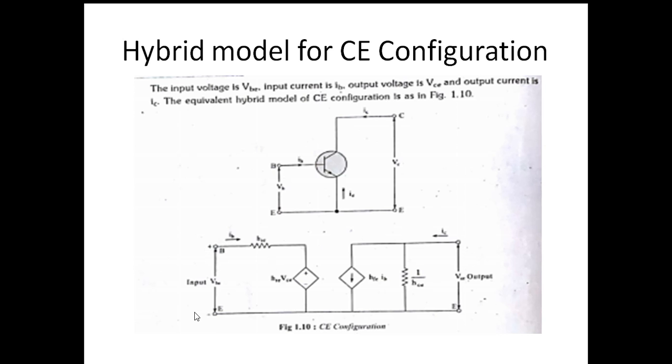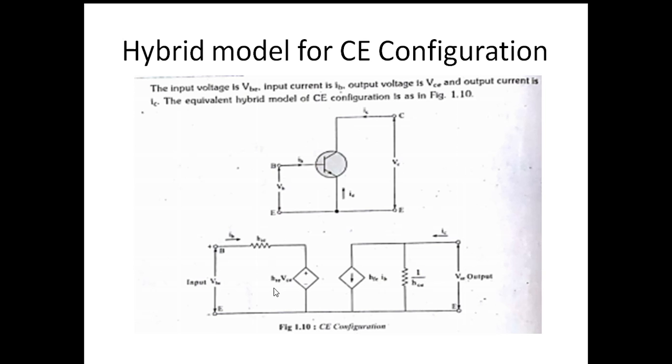The emitter and base terminals are the input terminals, and emitter and collector are the output terminals. In between the two input terminals, we need to apply the input voltage, that is VBE. By applying this VBE, the base current flows through the base.